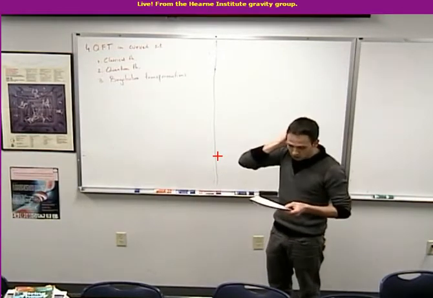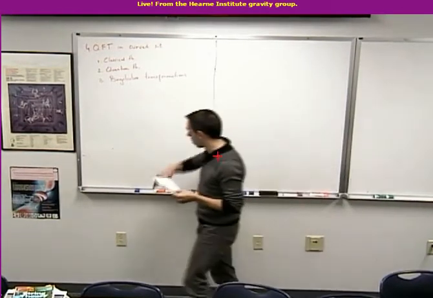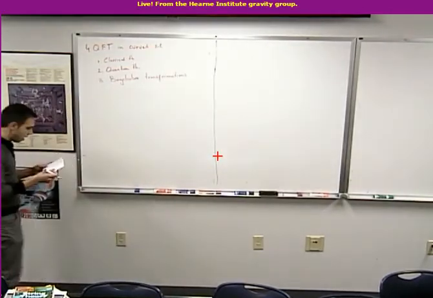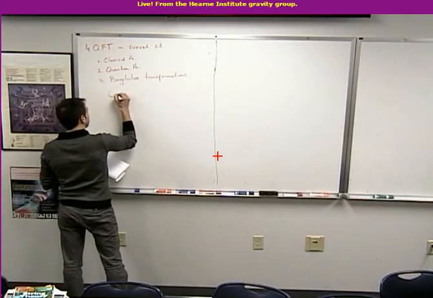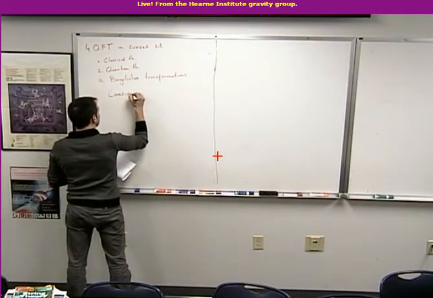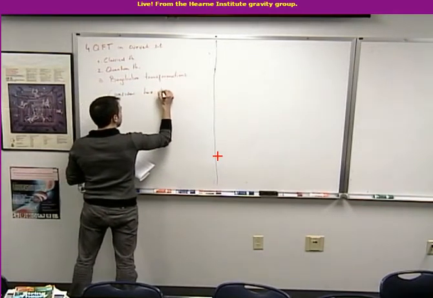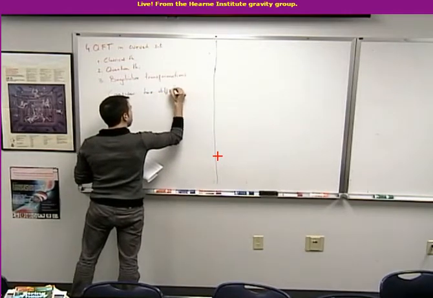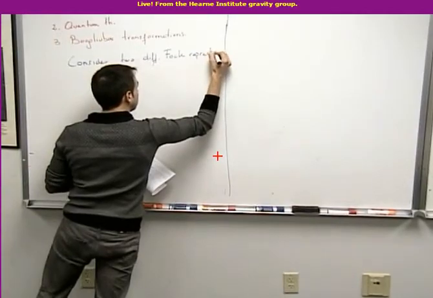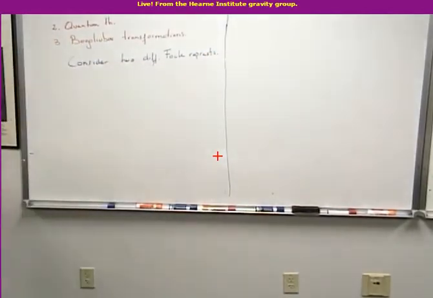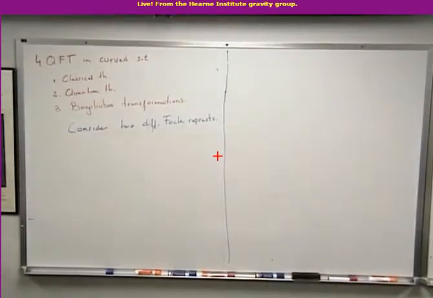footing. So what I want to do now is to repeat what we did in chapter 3, and is to consider two different Fock representations. So consider two different Fock representations, and I want to relate them to see what is the relation between them.